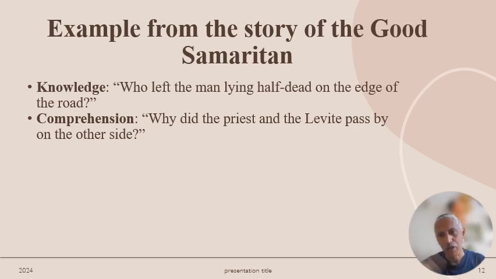They crossed over for a particular reason. Now you are asking the students to be able to explain, so they need to understand the cultural and religious issues that caused the Levite and the priest to cross over. So this level of teaching objective requires the students to be able to explain. That's a comprehension level.